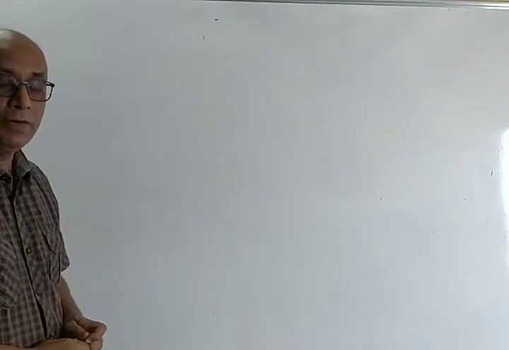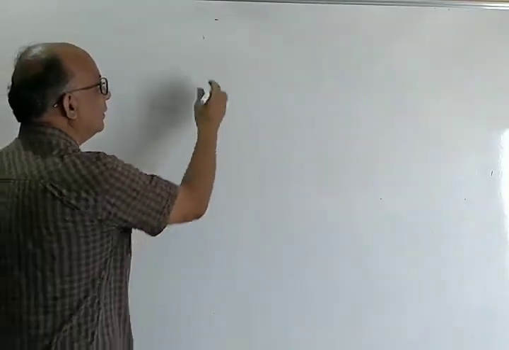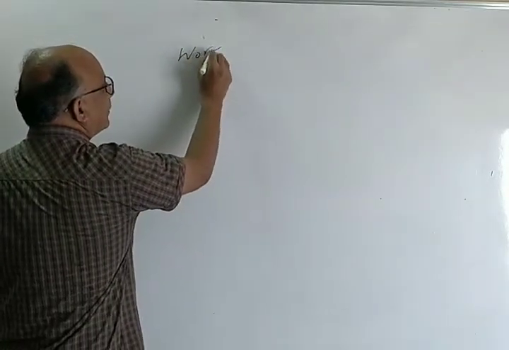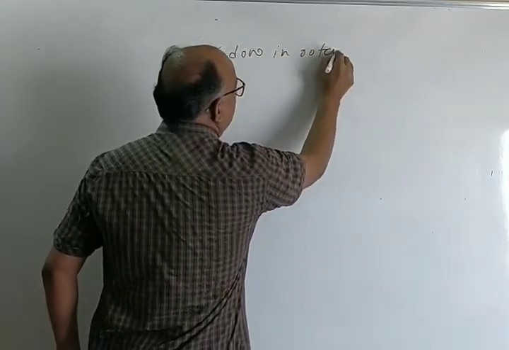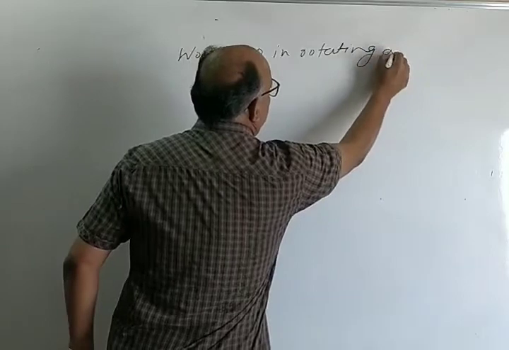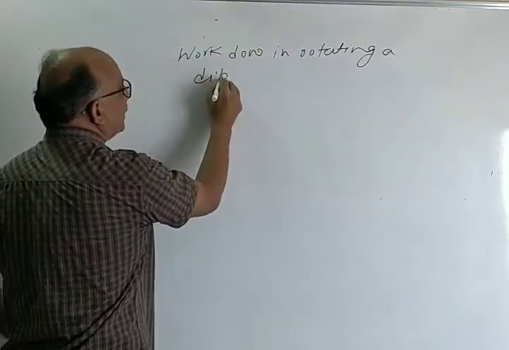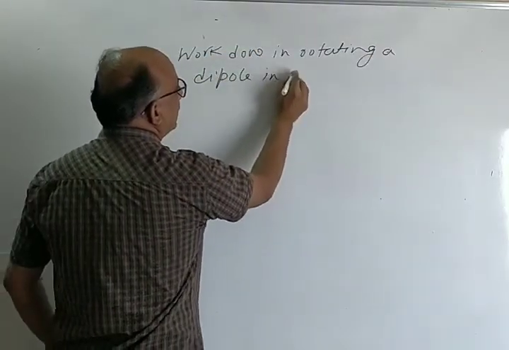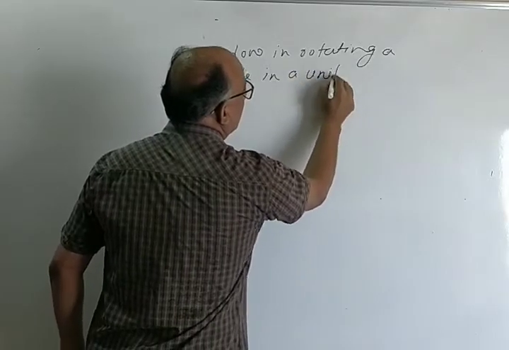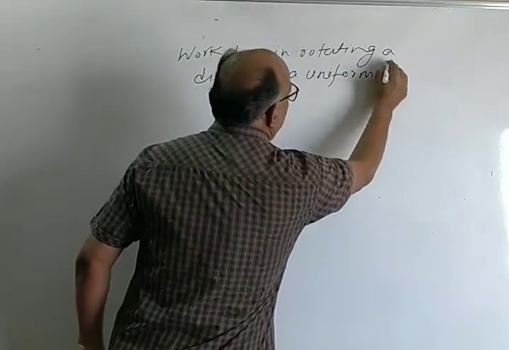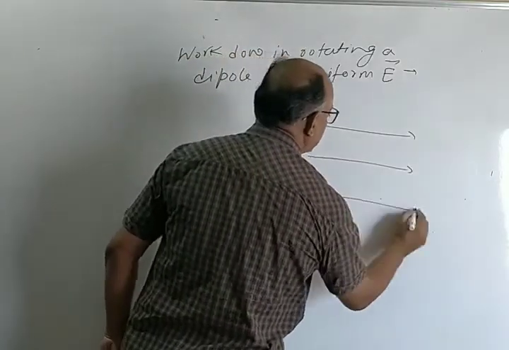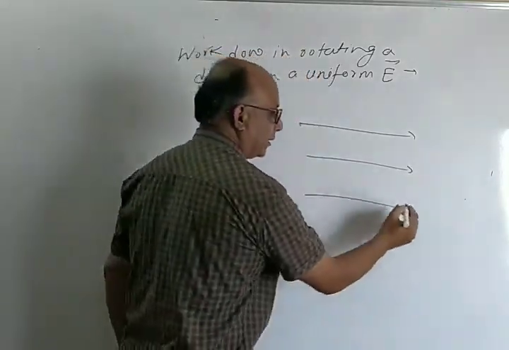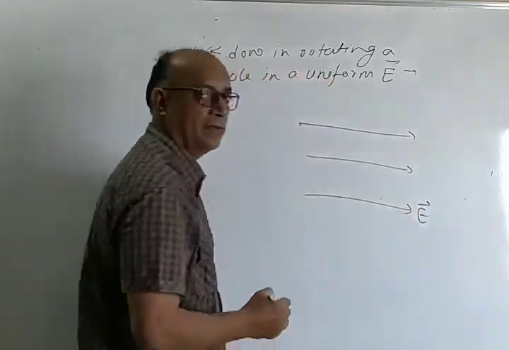See, work done in rotating a dipole in a uniform electric field. See, a uniform electric field is represented by straight lines with an arrow showing the direction of the electric field.